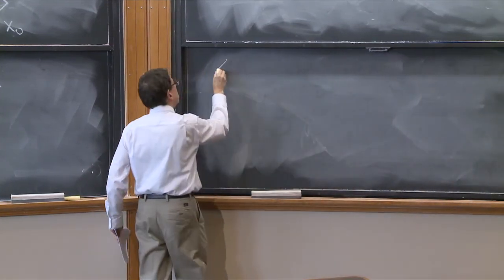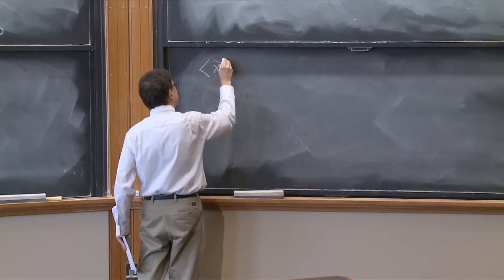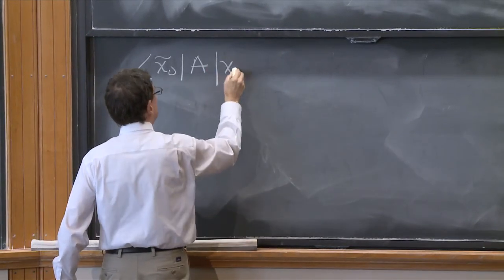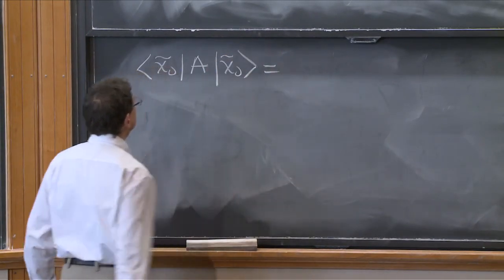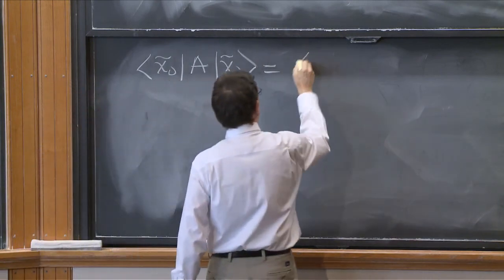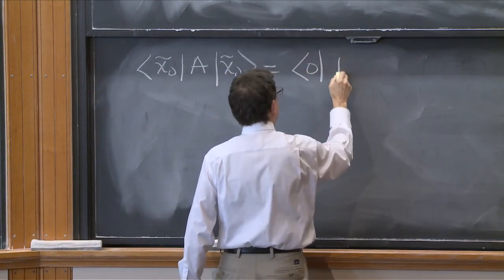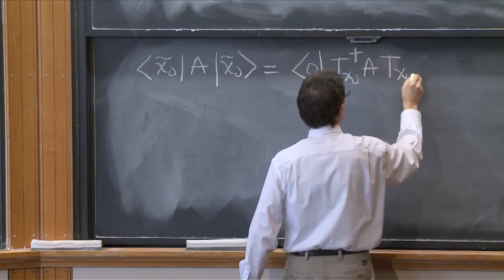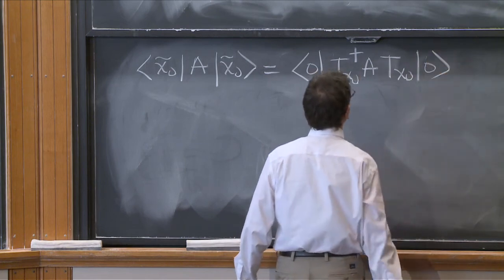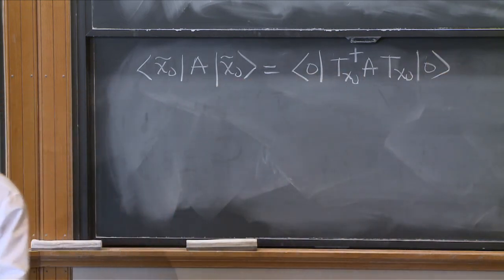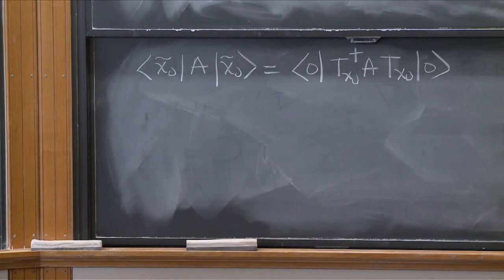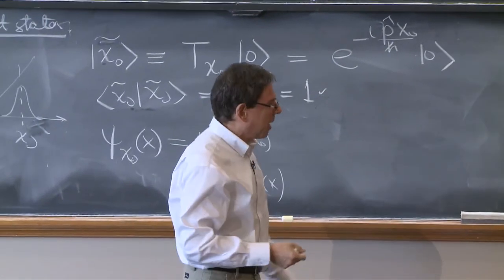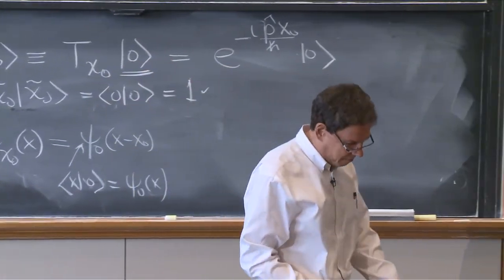If I have to compute the expectation value of any operator A on a coherent state, I use the fact that I want to go back to the vacuum, so I put Tx0 dagger A Tx0 between 0 and 0. Because that way I trace back to what the vacuum is doing. It's much easier to do that than to try to calculate something from scratch.